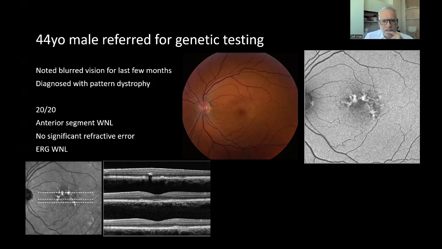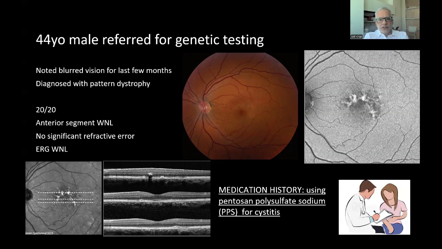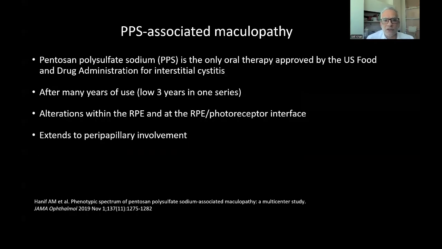His ERG was normal. But before we go on to genetic testing, there is one critical thing that we have to highlight here. We have to highlight his medication history. And he's using this drug, PPS, for cystitis. And this is PPS-associated maculopathy.